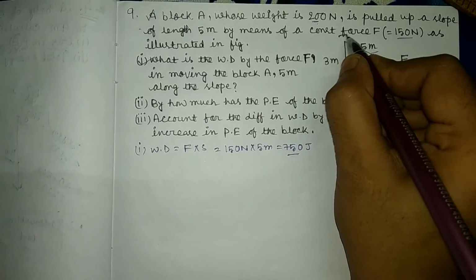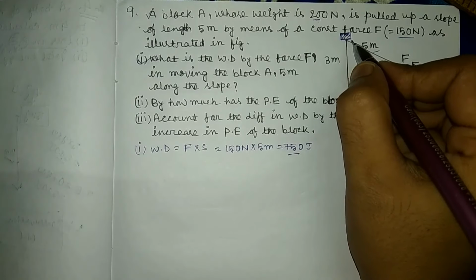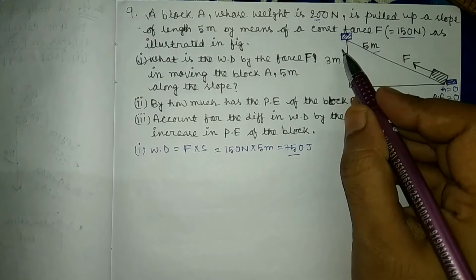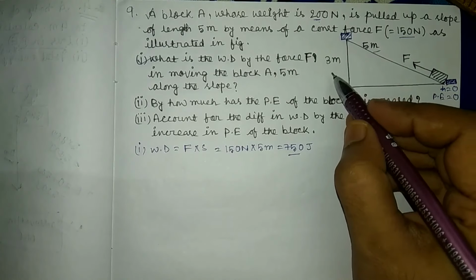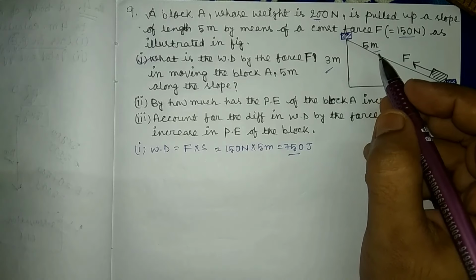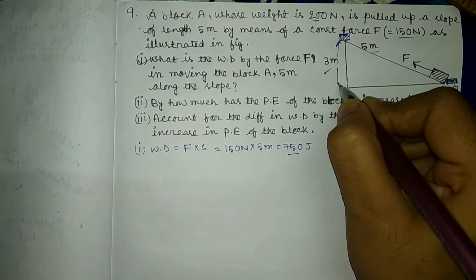When the block reaches here, then what will be the height? 5 meter or 3 meter? Its height will be 3 meter because to calculate potential energy we will always take the vertical height.